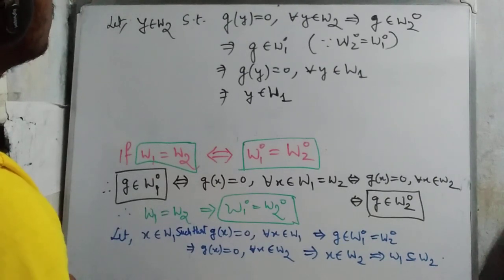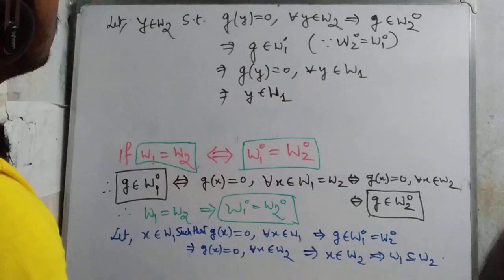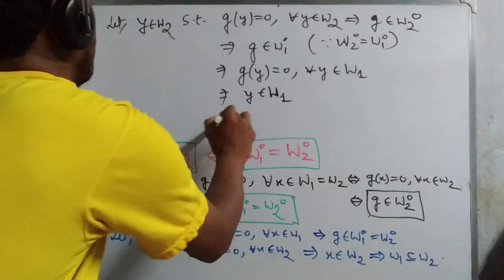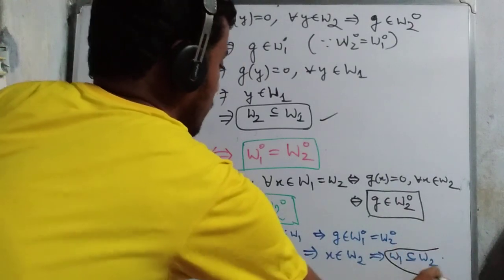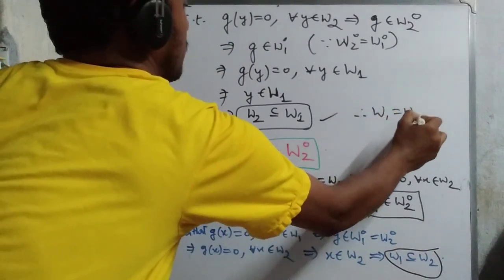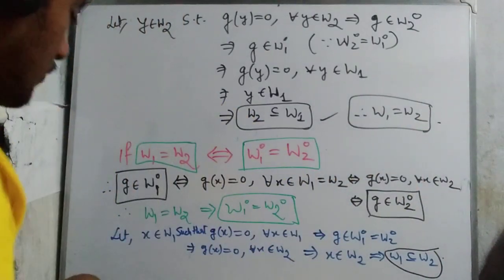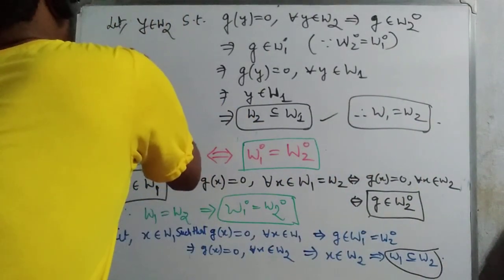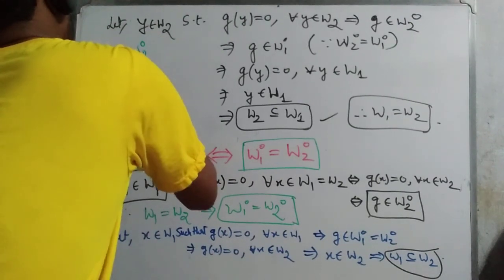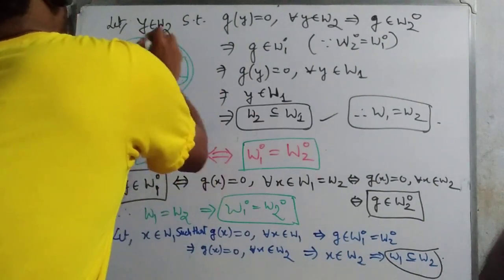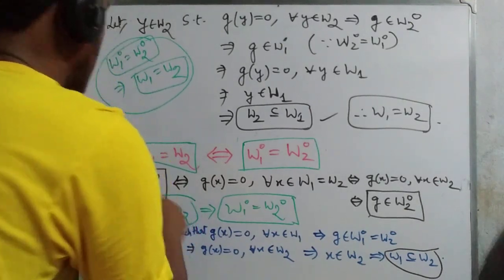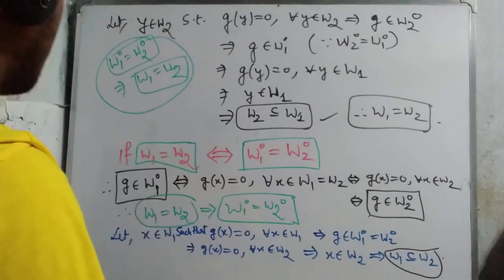Understood? This implies W2 is a subset of W1. In this way we also get W1 equals W2. So we prove this one, that W1 naught equals W2 naught implies W1 equals W2. We prove this portion and then that portion. I think this one is clear.